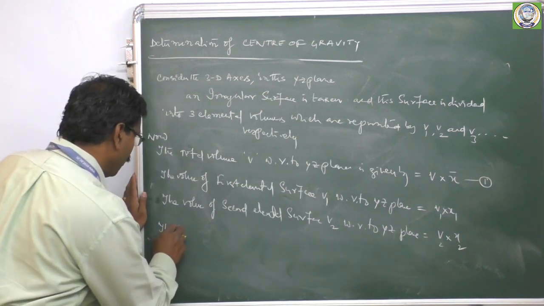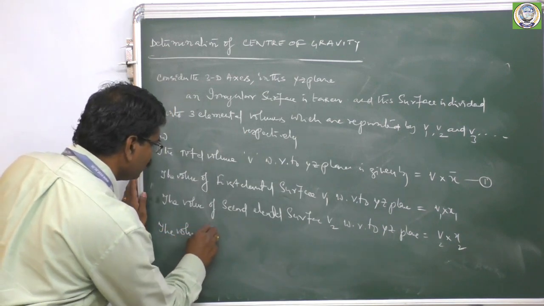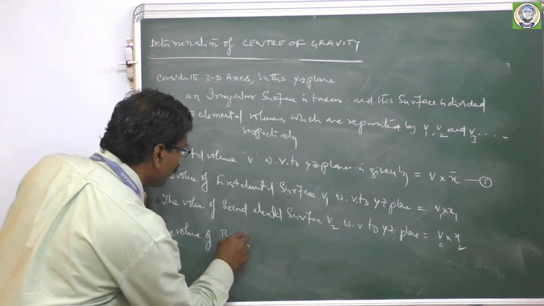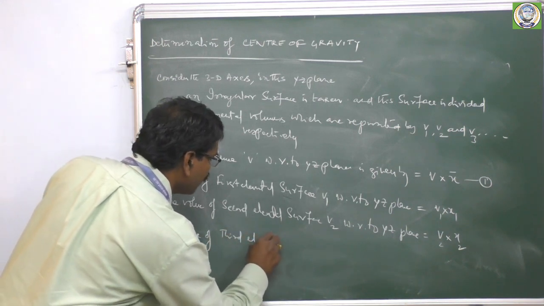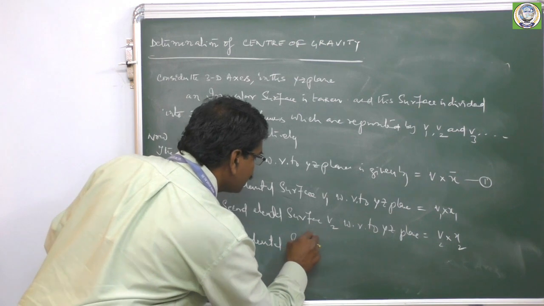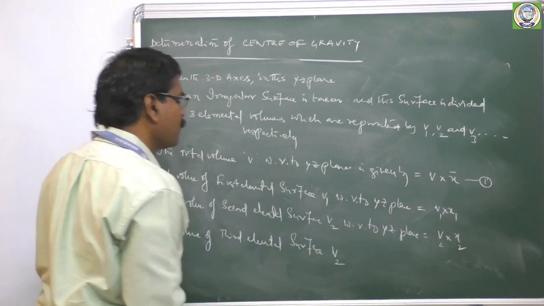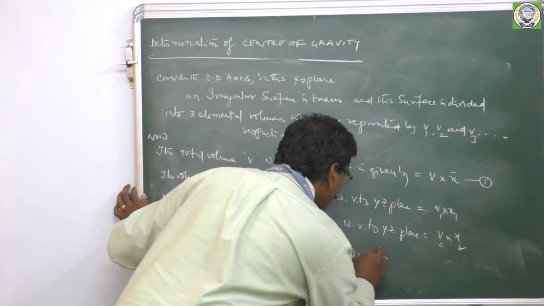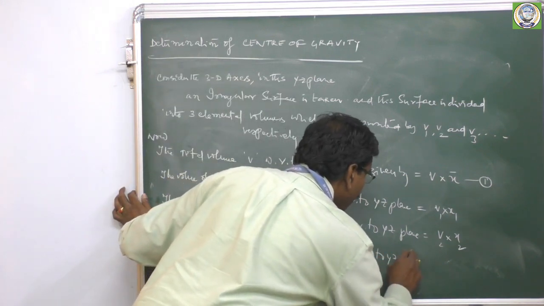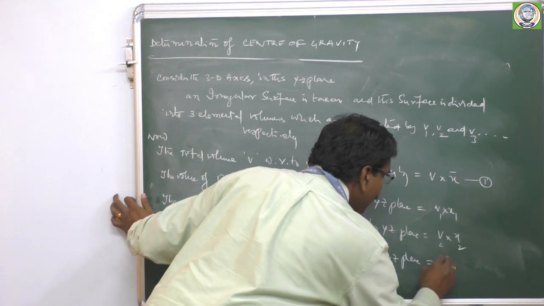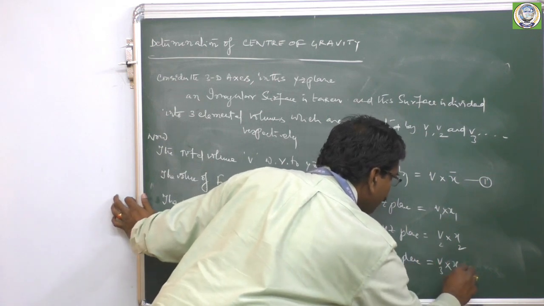The volume of third elemental surface V3 with respect to yz plane can be written as V3 into x3, and so on.